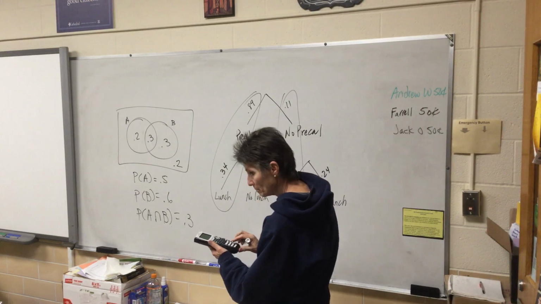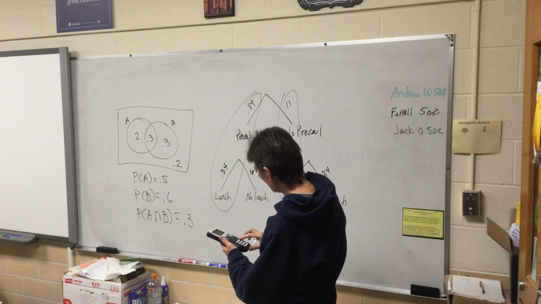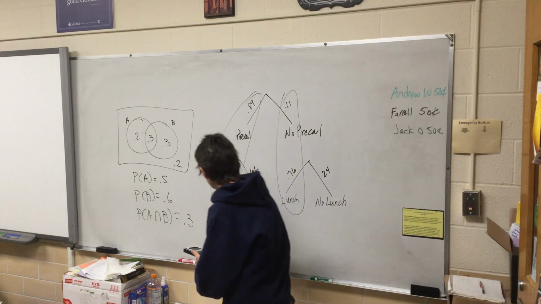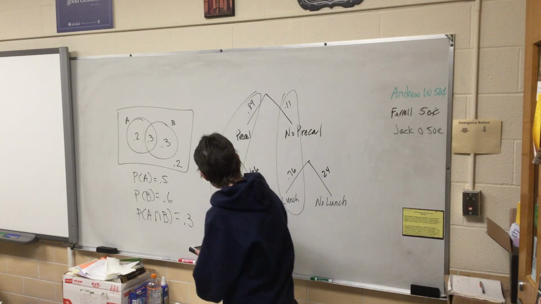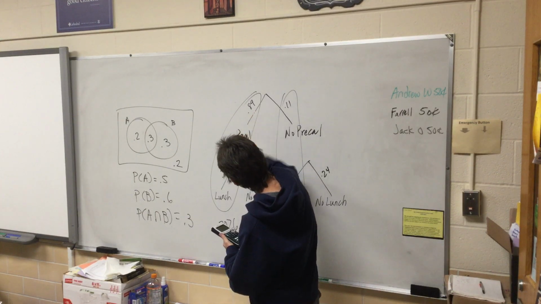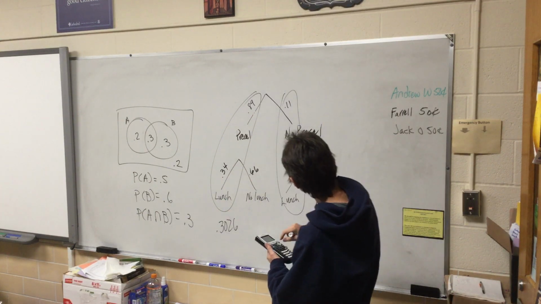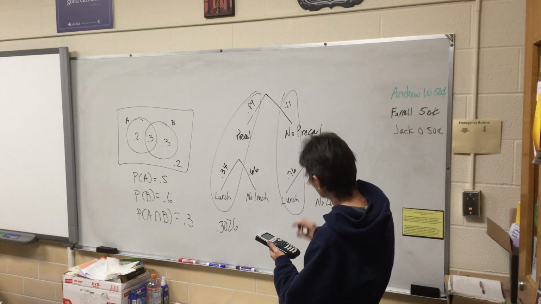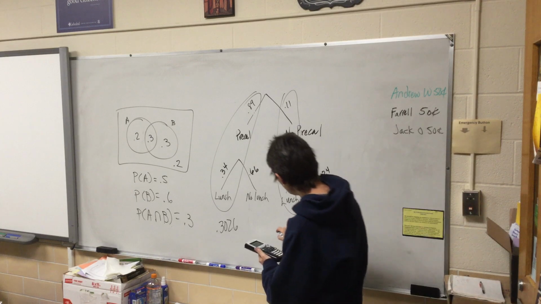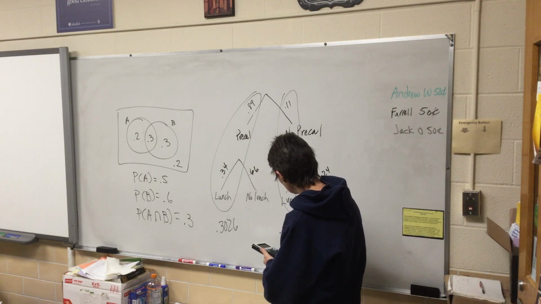So we'll multiply 0.34 times 0.89, and I get 0.3026. That's this one right here. I multiply these. I'm taking pre-cal and buying lunch. And then I'll multiply these, and that's 0.0836.